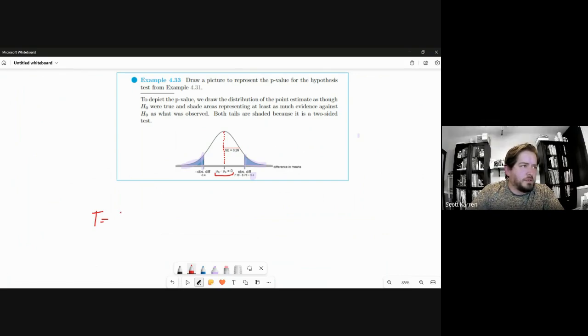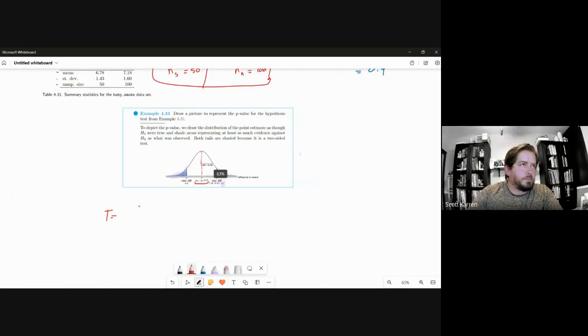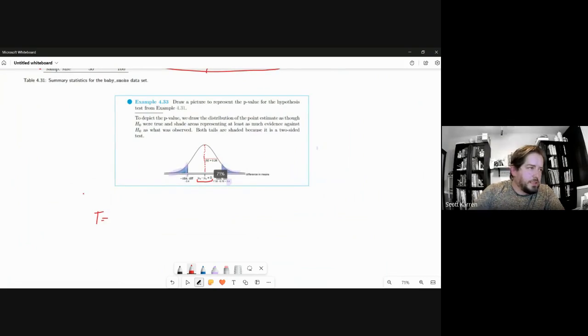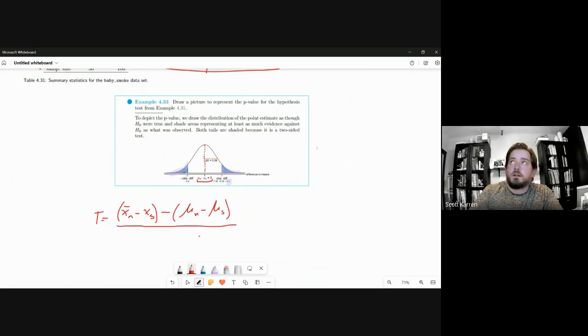So that's the x bar n minus x bar s, I forget which one's first, and then minus mu n minus mu s, all over the standard error, which we also didn't compute.